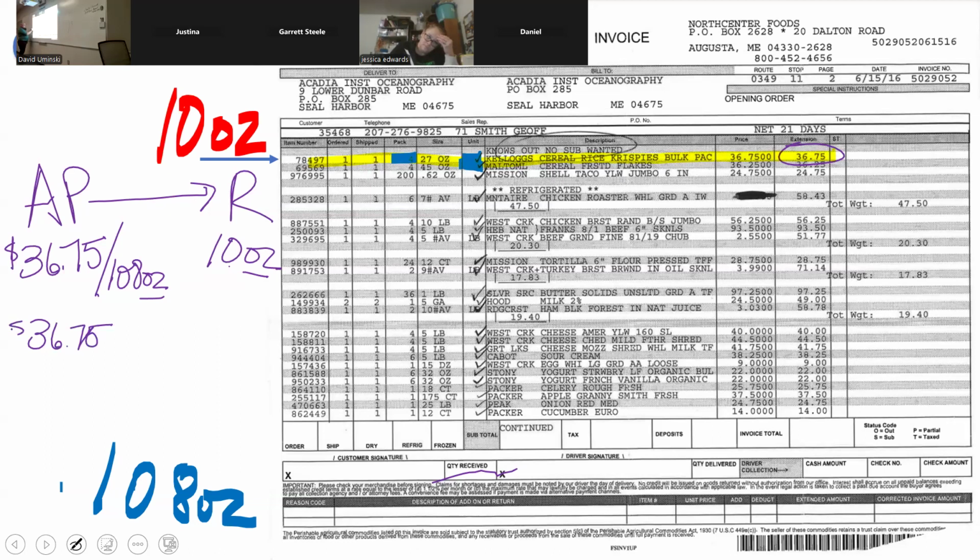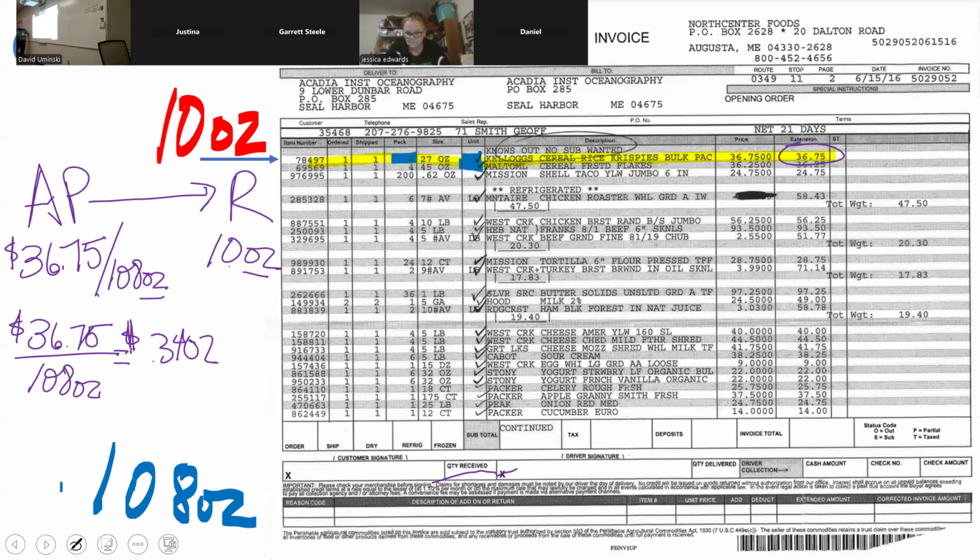$36.75 divided by 108 ounces equals what? Okay, I'm going to do it as well, just so I can make sure. So 36.75 divided by 108 is 0.3402, which means that becomes how much?